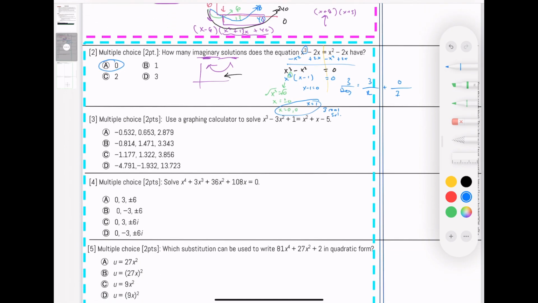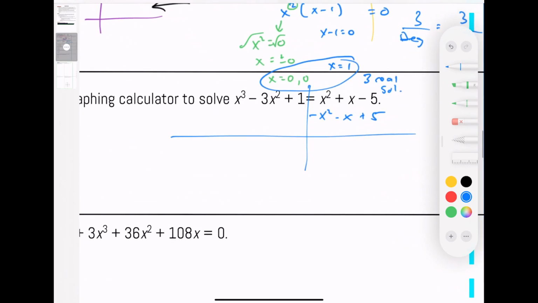Use a graphing calculator to graph that. Before I do that though, I'm going to set it equal to 0. Do that to the other side here.